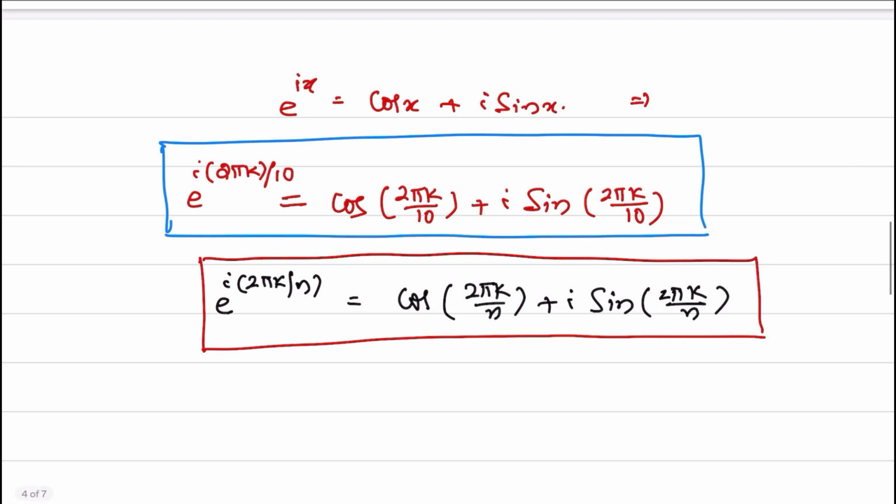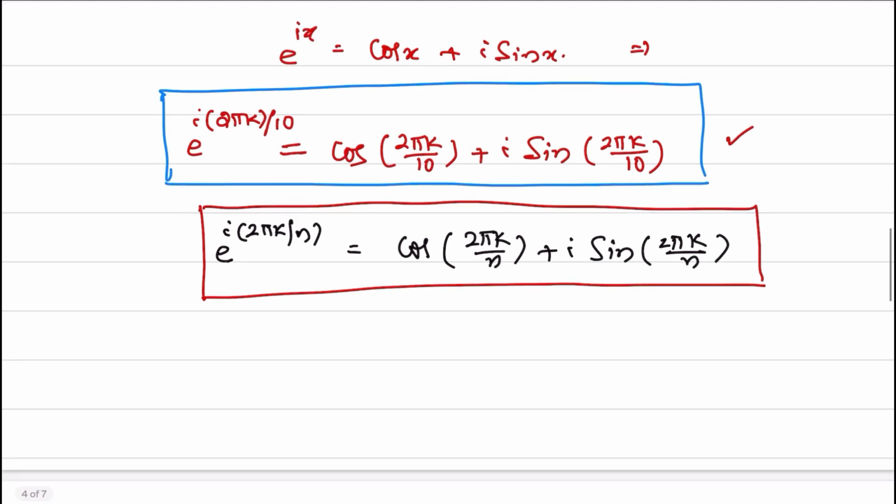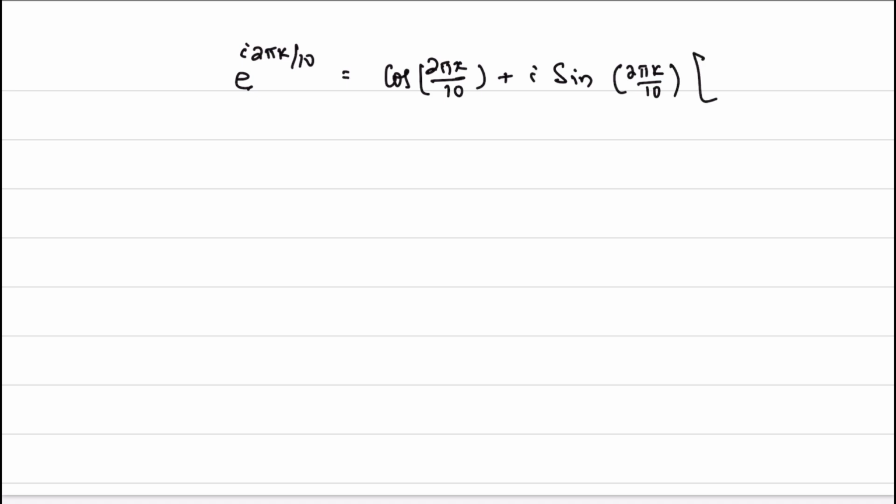Now, here, this is the answer, and we'll try to find each root. e to the power of i 2 pi k by 10 is equal to cos 2 pi k by 10 plus i into sin 2 pi k by 10, where k is equal to 0 to 9.